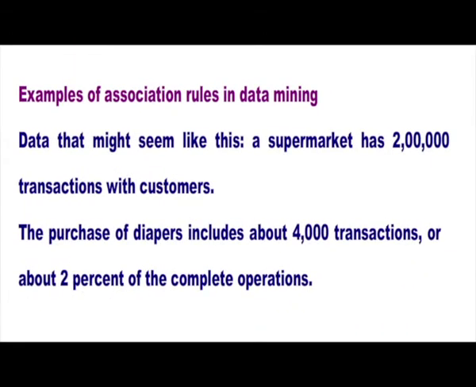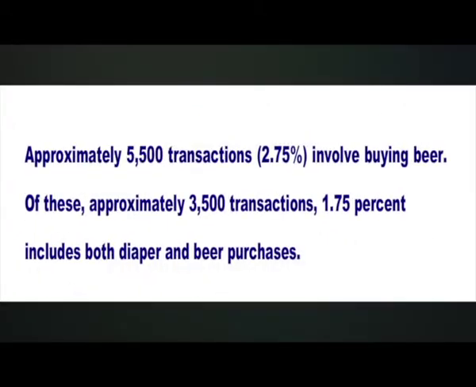Data that might look like this, for example: consider a supermarket which has 2 lakh transactions with customers. The purchase of diapers includes about 4,000 transactions, or about 2% of the complete operations. Approximately 5,500 transactions, that is nearly 2.75%, involve buying soft drinks.